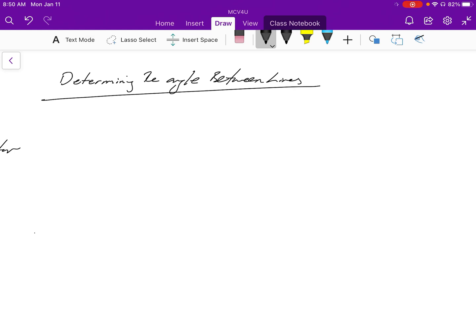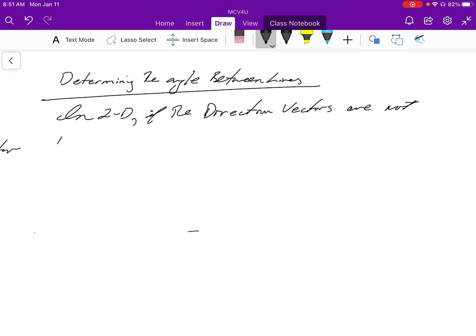Again, in 2 space, or in 2D, if the direction vectors are not scalar multiples, then the two lines intersect.